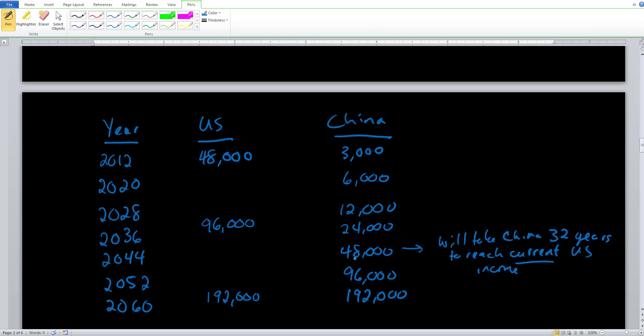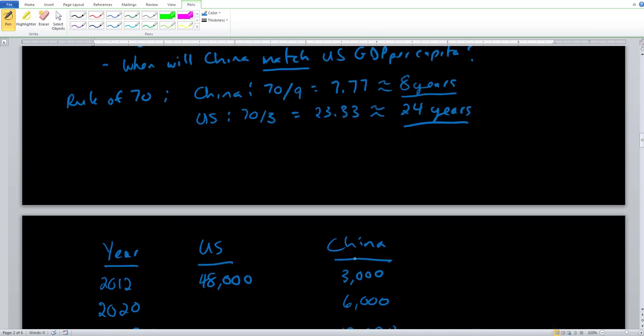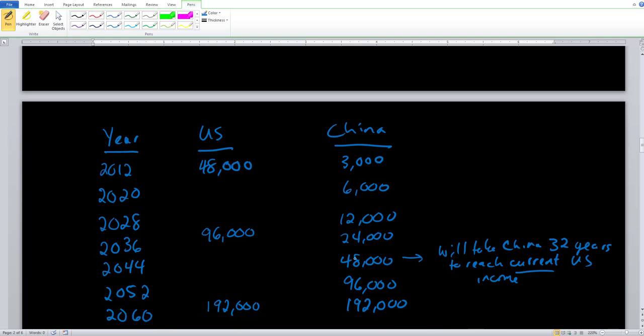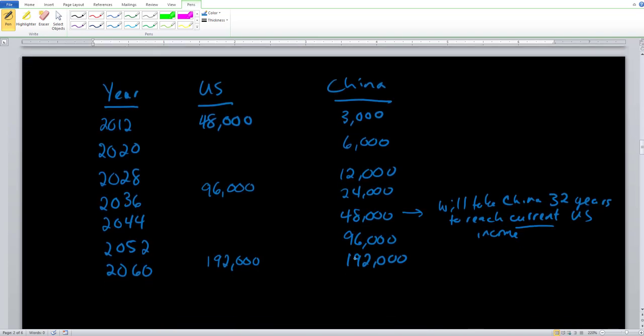Second question that we can ask is, when will China match US GDP per capita? So in what year are these two countries' GDP per capita exactly equal to one another? So if we build up this table correctly, there's going to be a year as we read across where these two numbers are going to be exactly matched up with one another. It's not in 2020, it's not in 2012, it's not in 2036, but hey, in the year 2060, we see 192 equals 192.